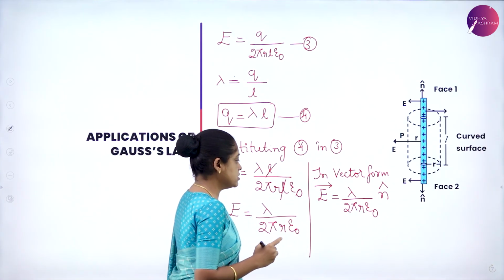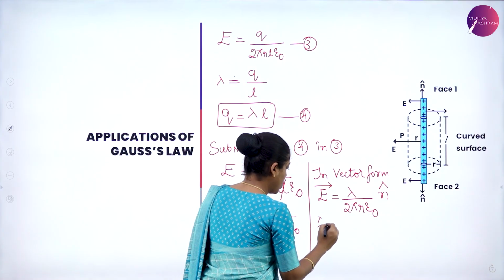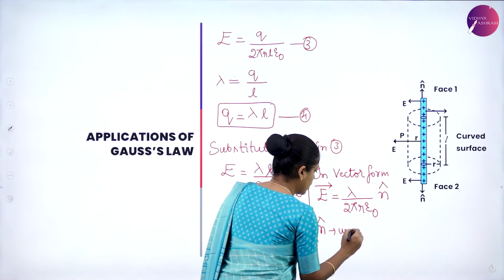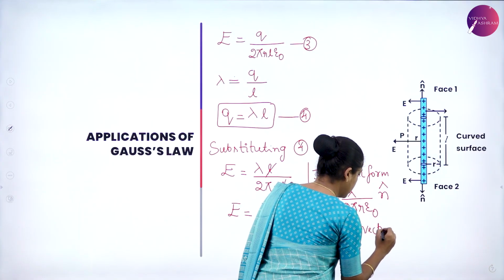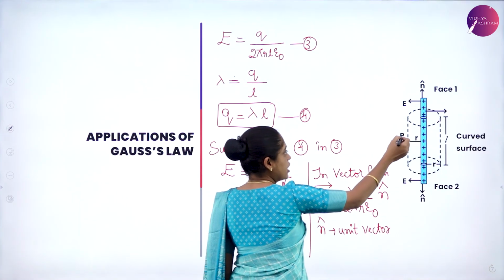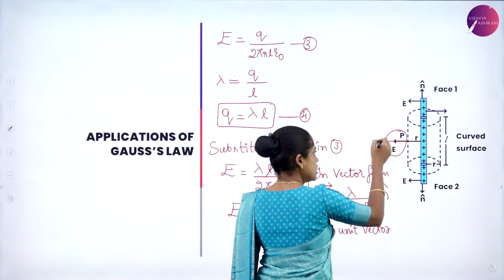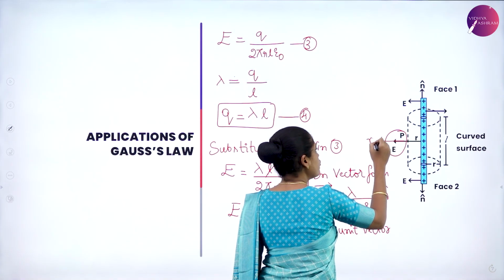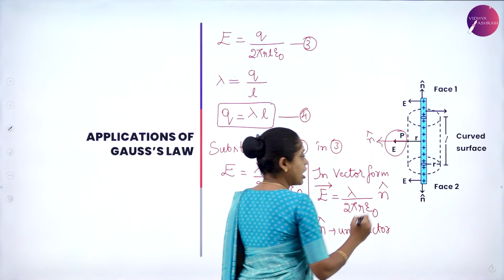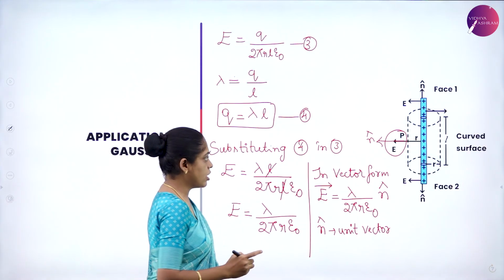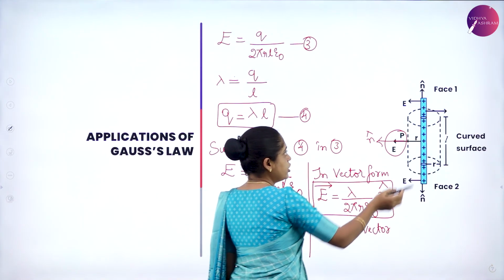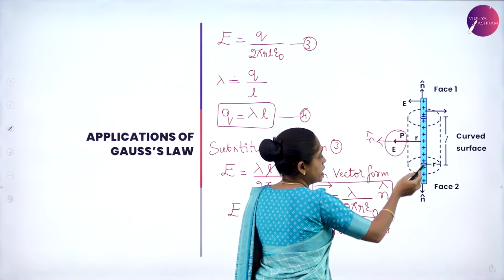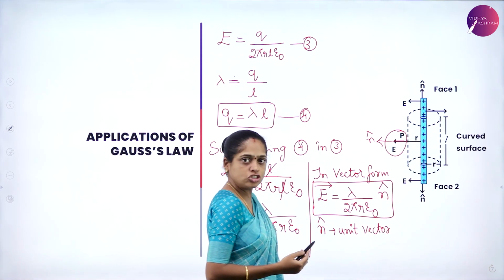The n cap is a unit vector which represents the direction of the electric field. As the direction of the electric field is in the direction of n cap, therefore we write the positive sign for the n cap. This is the expression for the electric field due to an infinitely long uniformly charged wire.